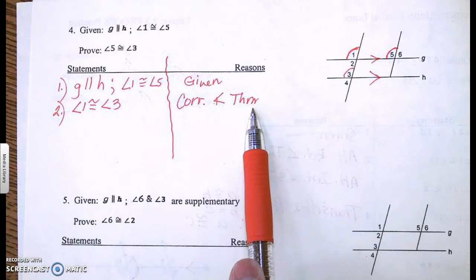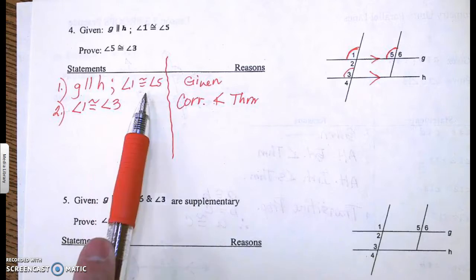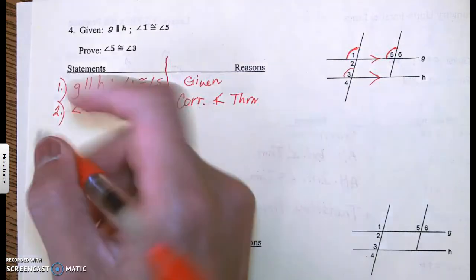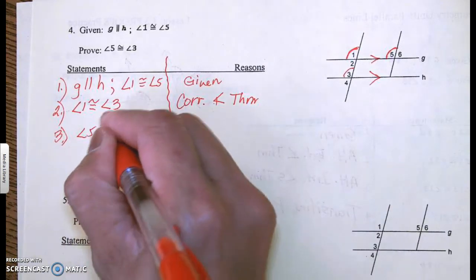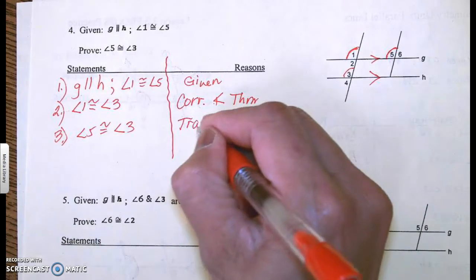And then now we're about done, because now that these are all given, you can already conclude that angle 5 is congruent to angle 3, and this time I just want to use transitive property.